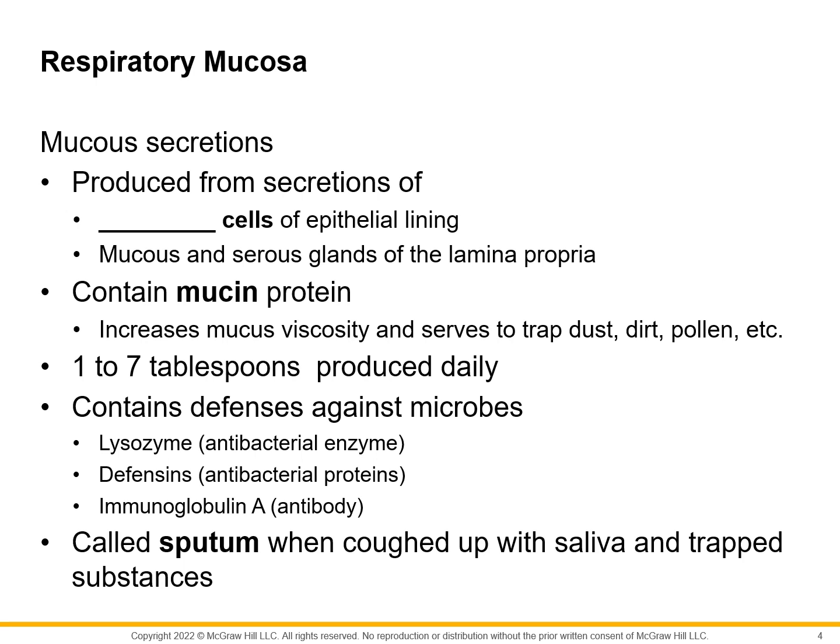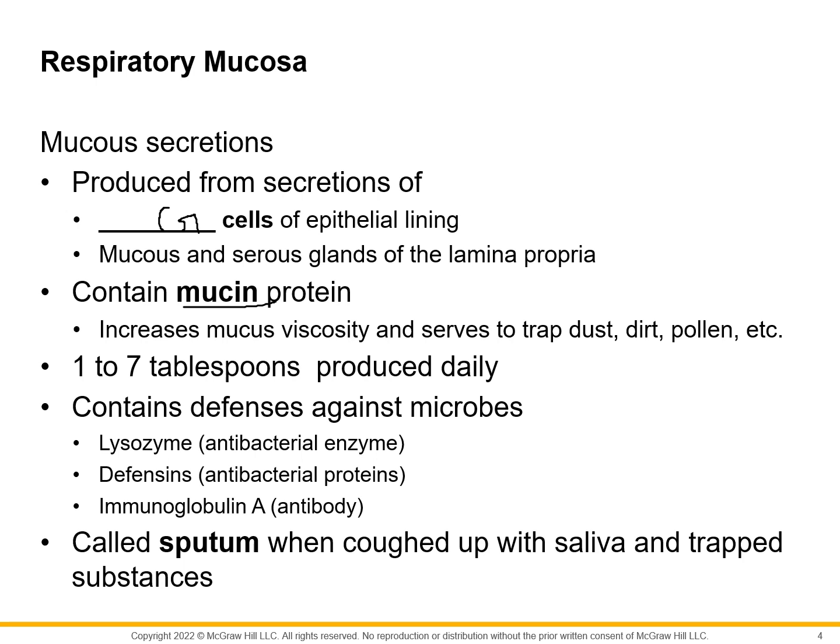Now, respiratory mucosa is rich in goblet cells. Goblet cells secrete your mucus, which prevents drying of your tissues. It has mild antimicrobial properties. The protein mucin is what makes mucus slightly viscous.